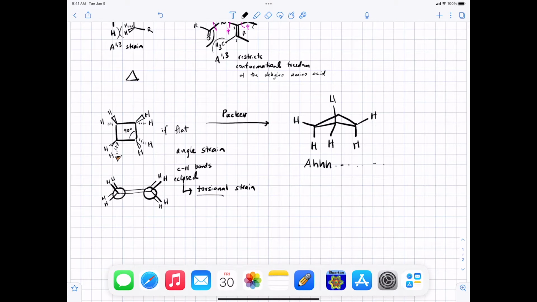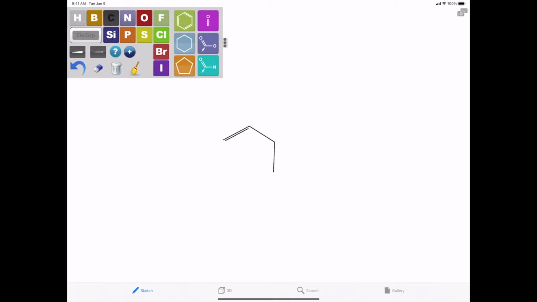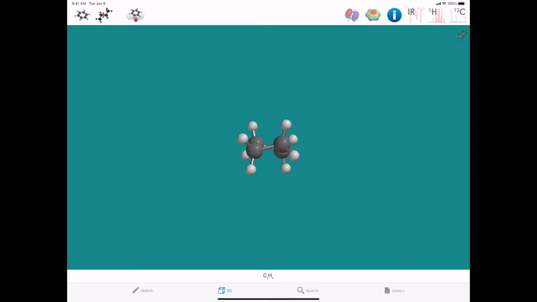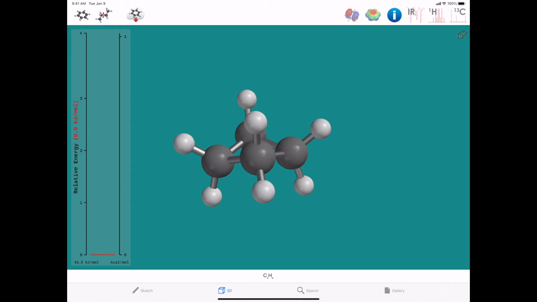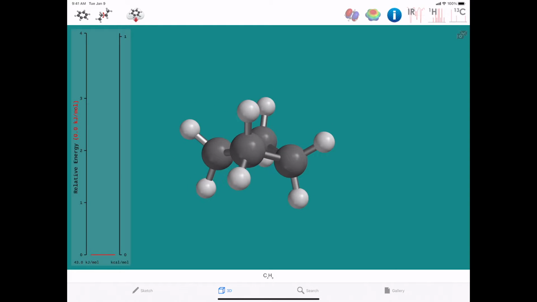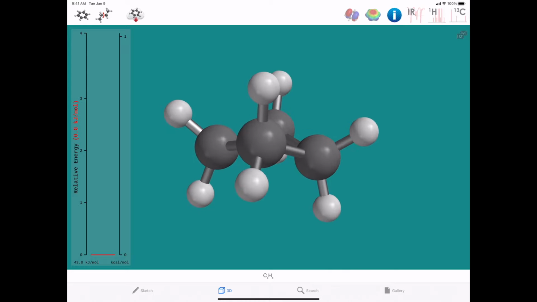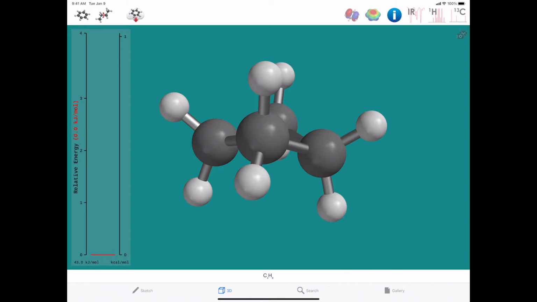So let's just look at the puckering of cyclobutane. We'll draw a square, and it doesn't want to show us the totally flat conformation because it's too unstable. So let's just zoom in and look at that puckered conformation. This is the view that we took in the thing that I drew over in Notability.